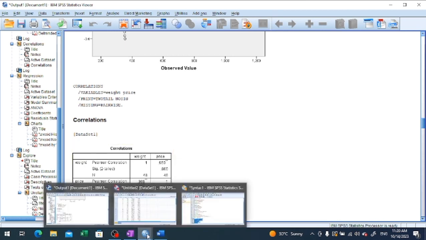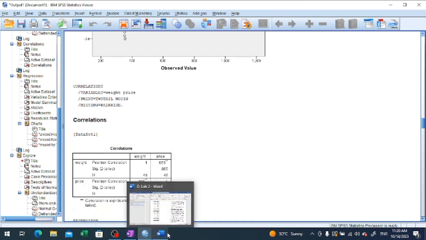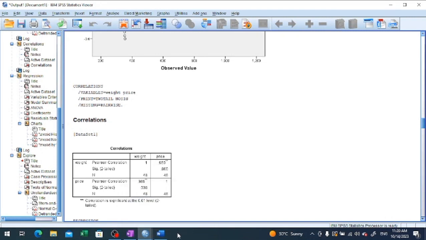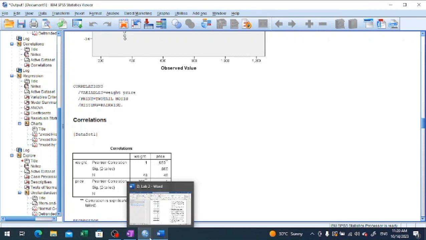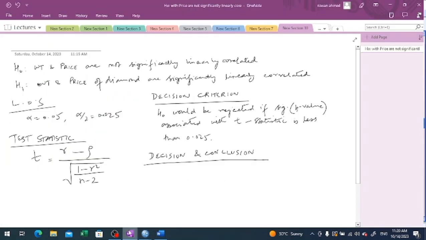0.000. Therefore, it leads us to go for the rejection of our null hypothesis that we have stated in this write-up. So H naught is rejected due to the significance of less than 0.025, which is 0 actually.